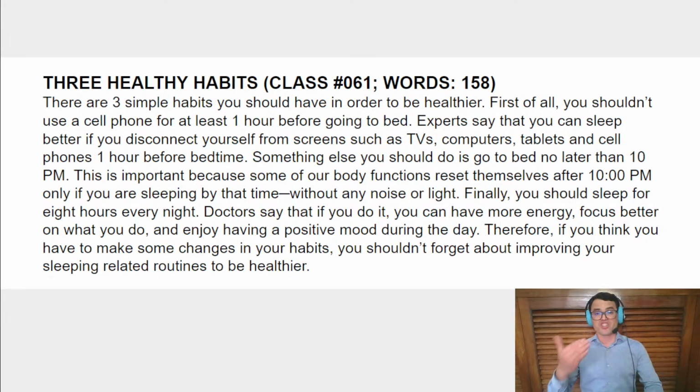So I will start by reading the whole paragraph, and then we will address specific characteristics of the paragraph in terms of organization and also grammar. Here we go. There are 3 simple things you should have in order to be healthy.